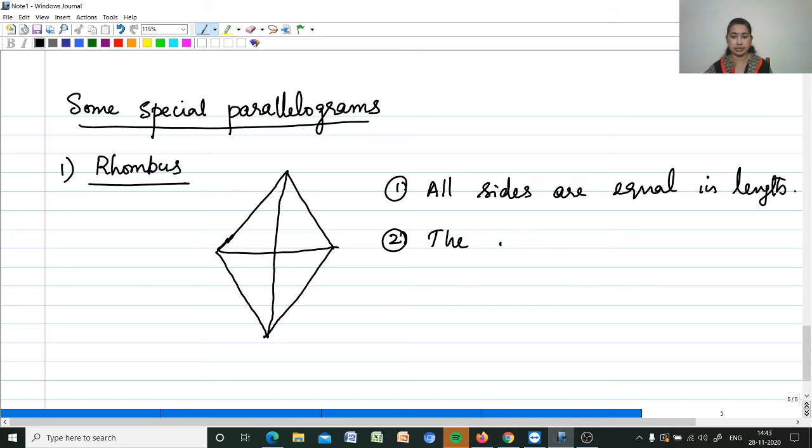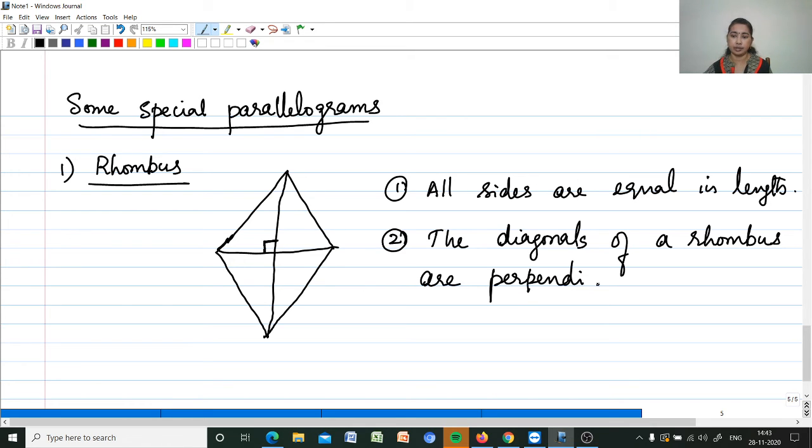The diagonals, what is the meaning of that? The diagonals of a rhombus are perpendicular bisectors of one another, which means these diagonals intersect at 90 degrees. That is, the angle between those two diagonals will be 90 degrees. That means the diagonals of a rhombus are perpendicular bisectors of one another.